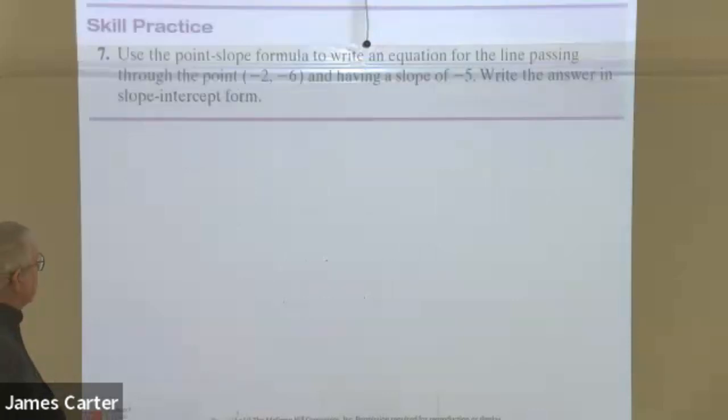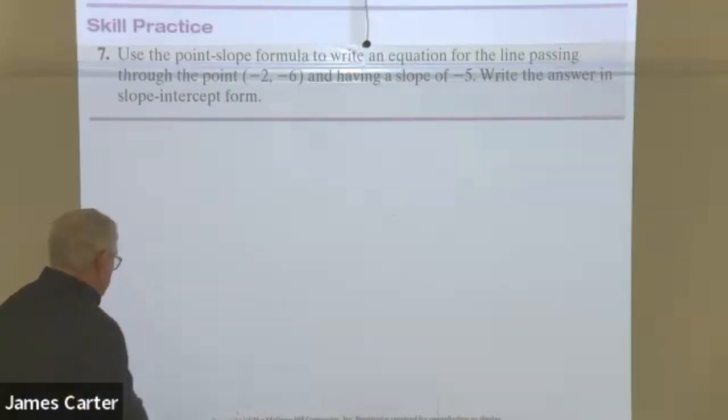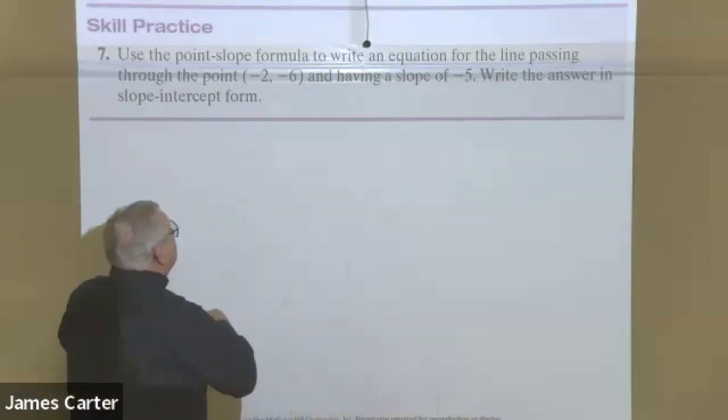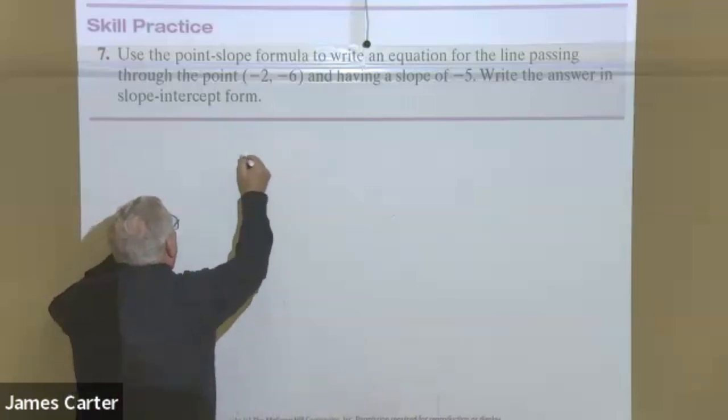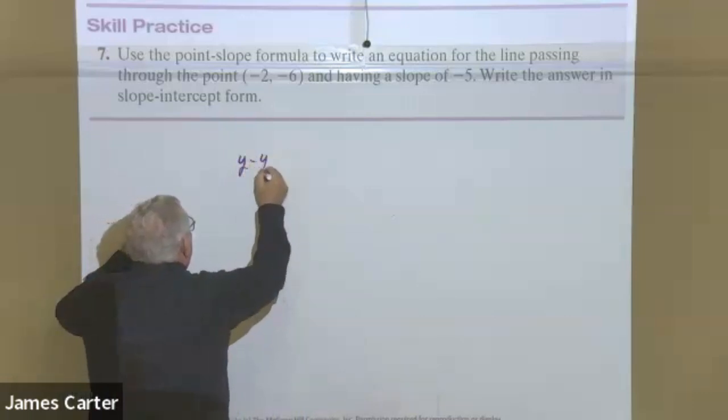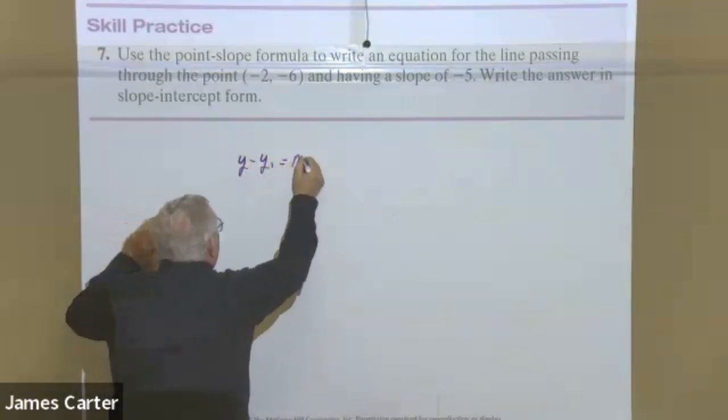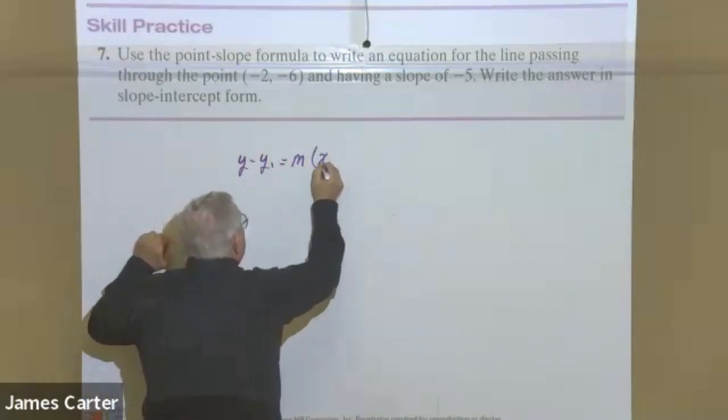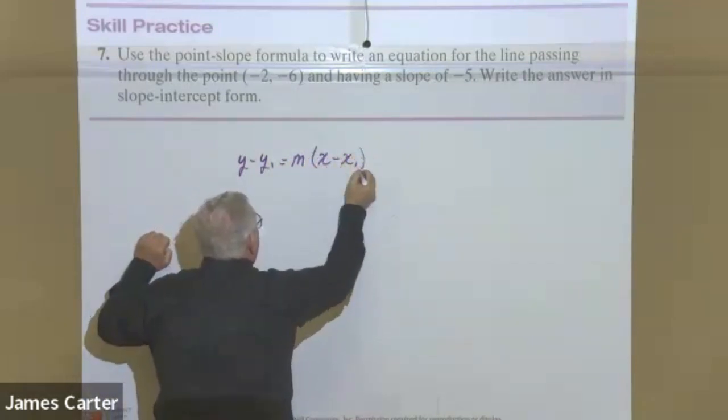Okay, and there is our equation of the line. What if we have this one? Well, y minus y1 equals m times x minus x of 1.